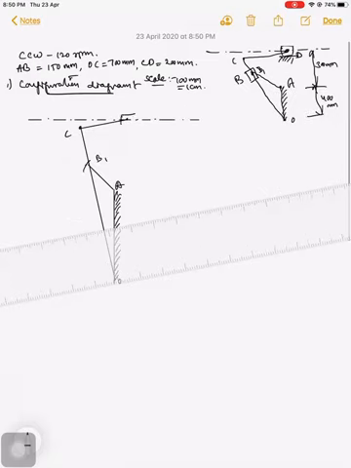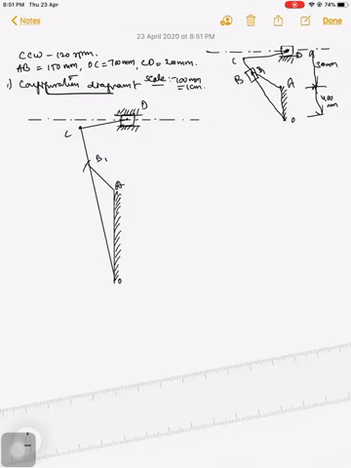So this is your point D, or the slider. So this is 45 degree. So here again we have a slider, as I've explained already. This is the slider here.